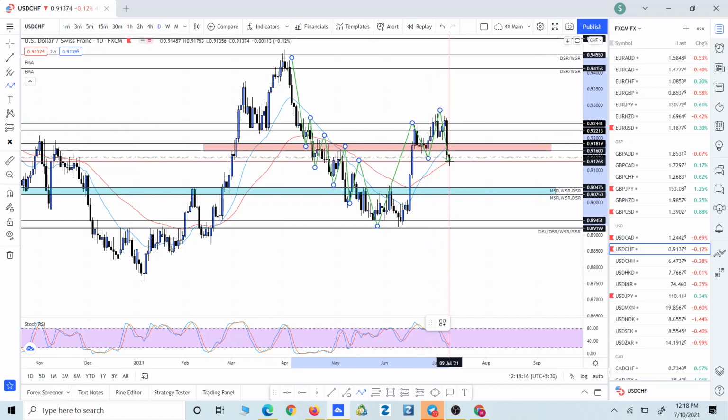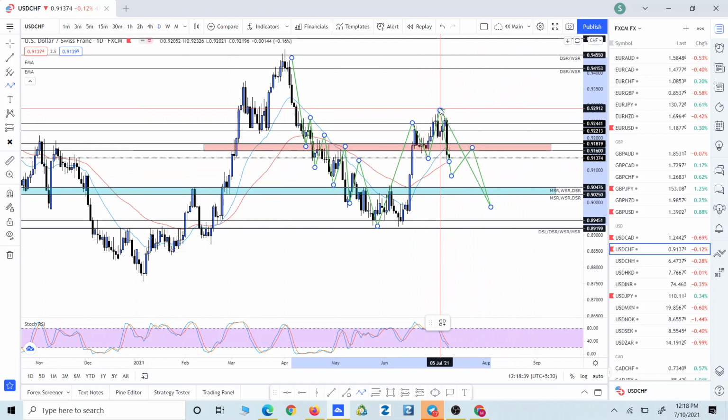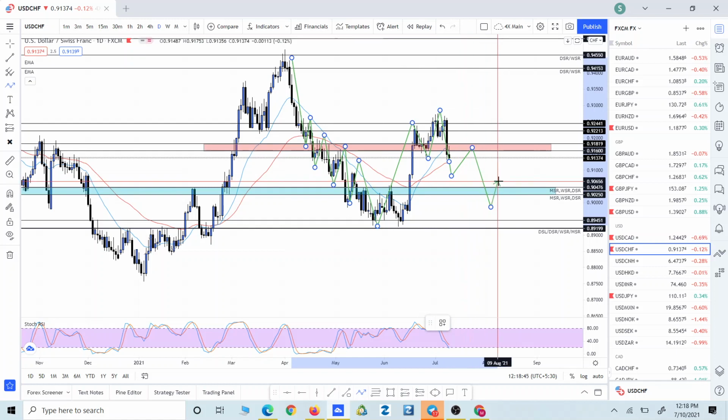Once the price closed below the previous high, we shifted our bias to the bearish side. Although the price is still not in a downtrend, we'll be waiting to see if the price closes and retraces back into this zone and gives us another close below this previous low, so that we will have a break and retest of the previous support zone.